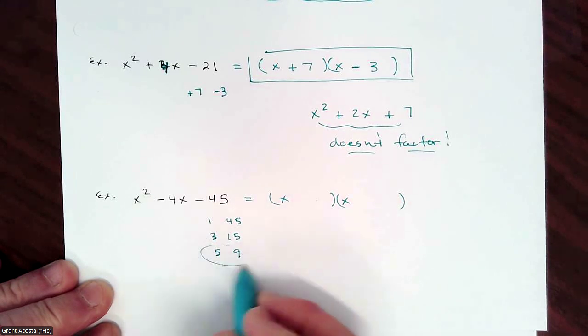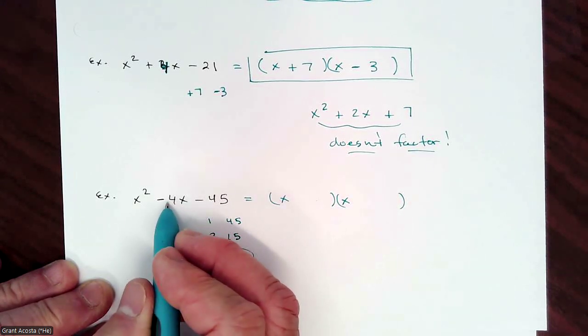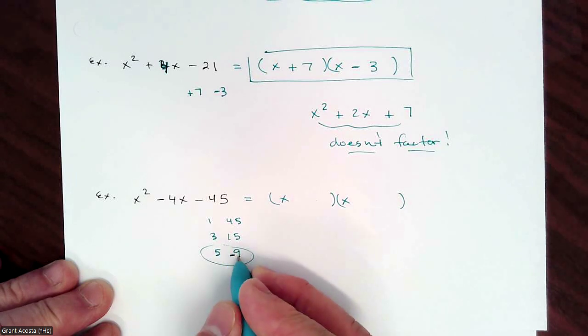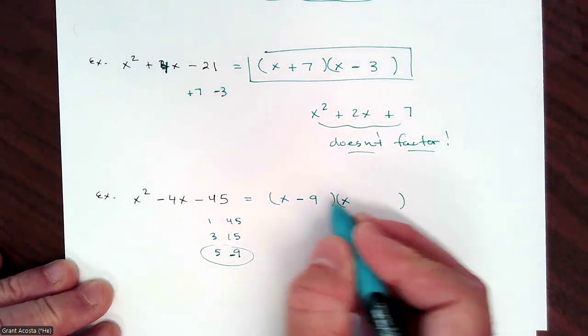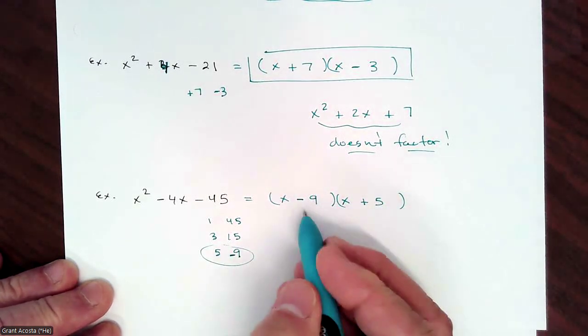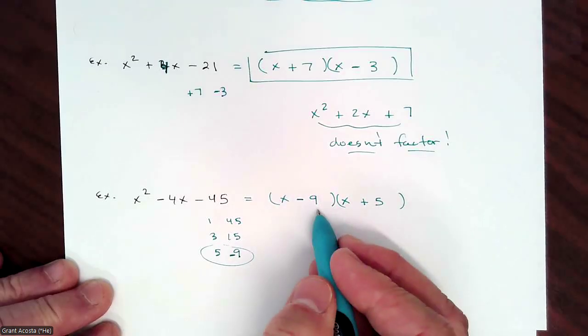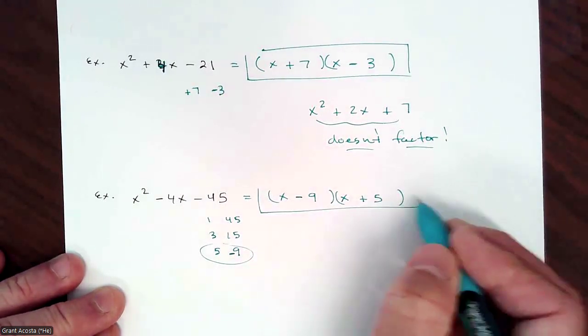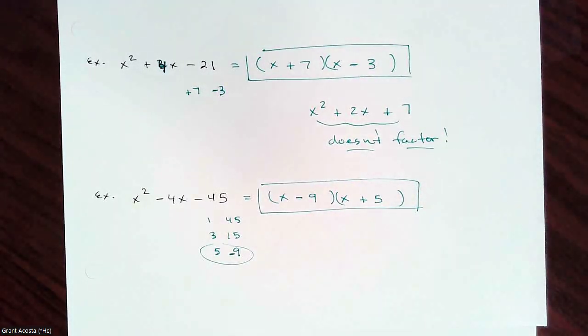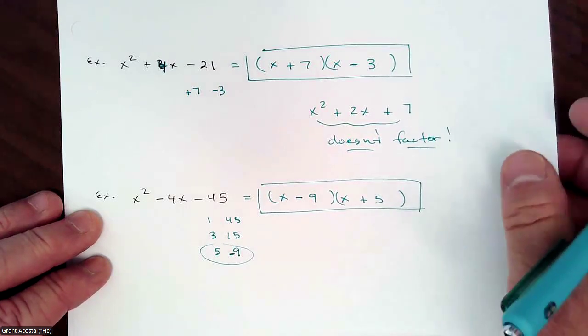And I'm noticing that 5 and 9 could have a difference of -4 if I make the negative on the 9, and that multiplies to -45. So I would have x minus 9, x plus 5. By the way, the order of multiplication doesn't matter. So if you wrote x plus 5, x minus 9, that is correct as well. It's the same thing. Okay.